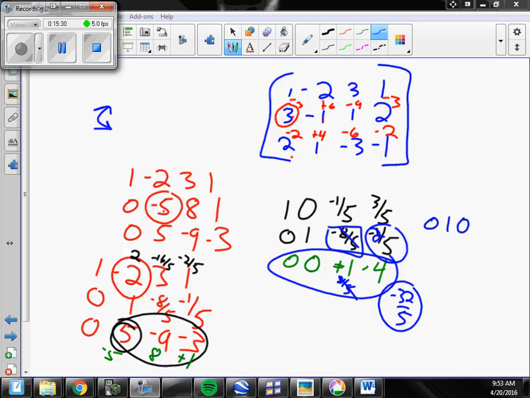Nope, 3/5. So that gives me negative 35 over 5, which is 7. So 0, 0, 1, negative 4. And then I need to times this by 1/5. So that would be negative 4/5. And 1, 0. This cancels that for a 0. And then 4/5 and 3/5 ended up being negative 1/5.